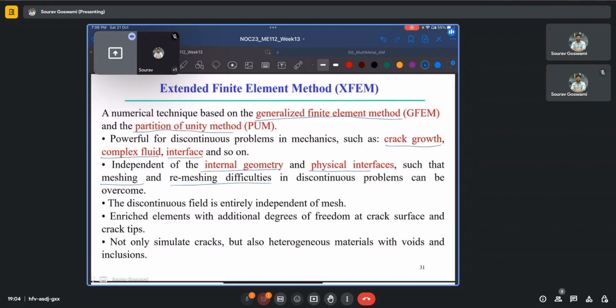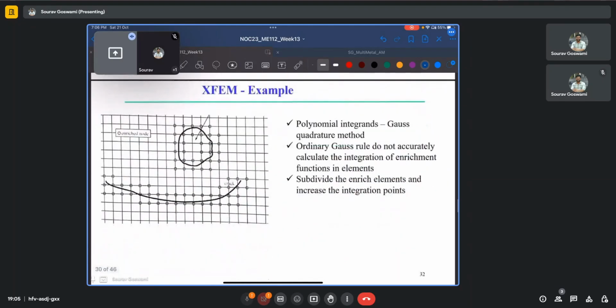The discontinuous field is entirely independent of the mesh, and the enriched elements, that is, the elements or nodes which are seeing the most action or which are most important for our consideration, have additional degrees of freedom at the crack surface and the crack tips. They have been used not only for the simulation of cracks, but also heterogeneous materials with voids and inclusions.